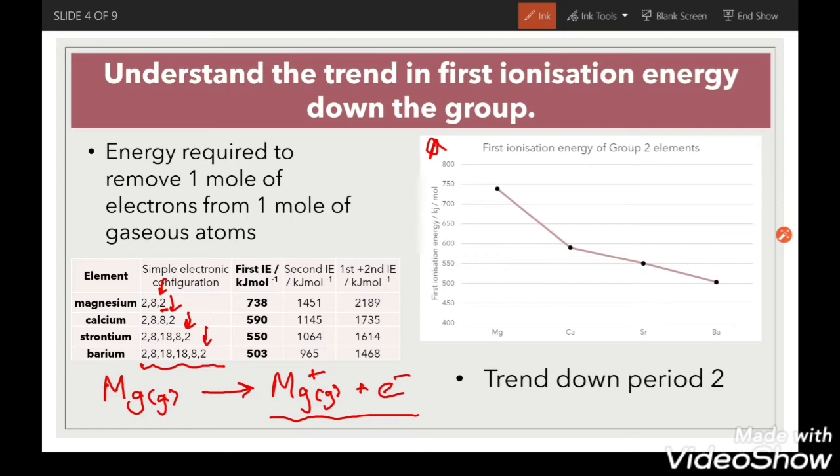Those outer electrons are further from the nucleus, so they feel the electrostatic attraction less. And there's all that shielding by the inner electrons. For example, down here, all these inner electrons prevent the nucleus from attracting the outer electrons as strongly.